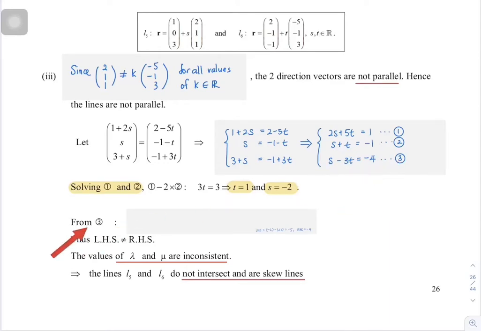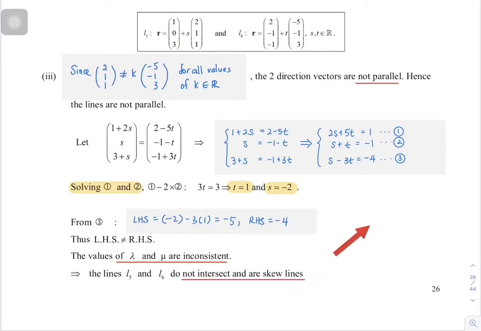From equation 3, with s equals negative 2 and t equals 1, we obtain a left hand side value of negative 5, which is not the same as the value on the right hand side. So the values are inconsistent, and therefore we conclude that the lines L5 and L6 do not intersect, and therefore they are skew.